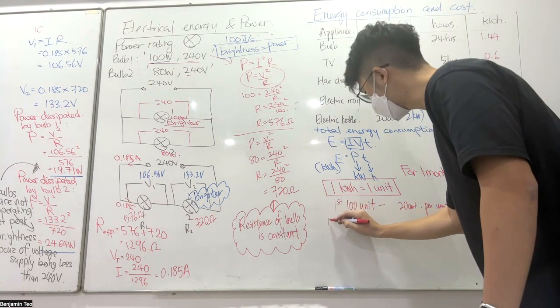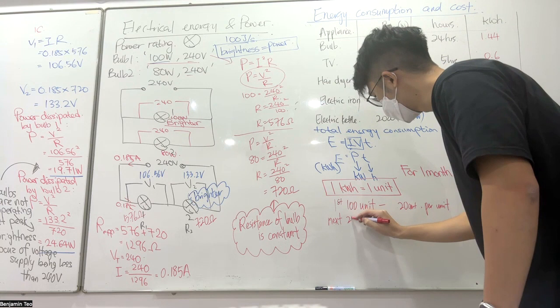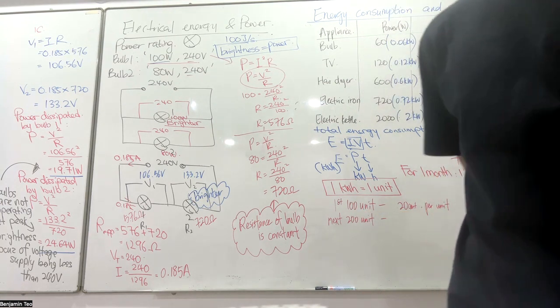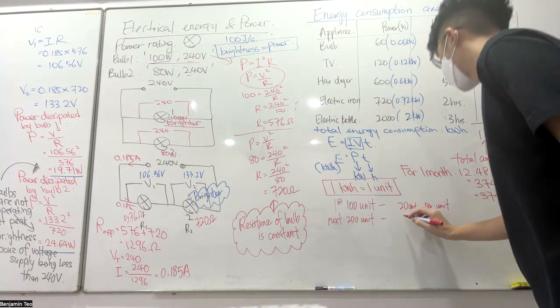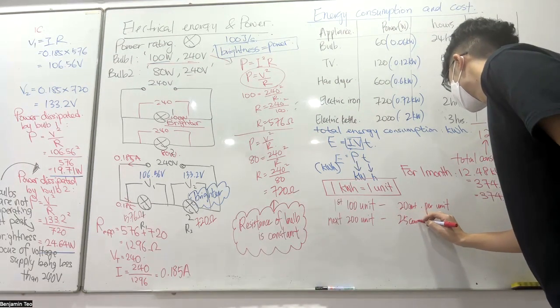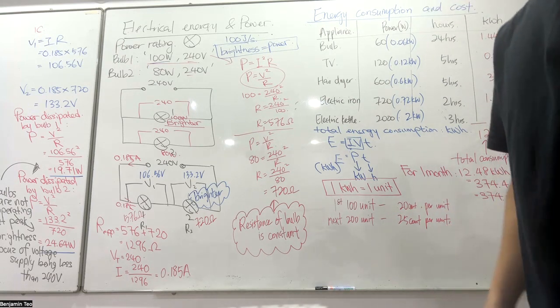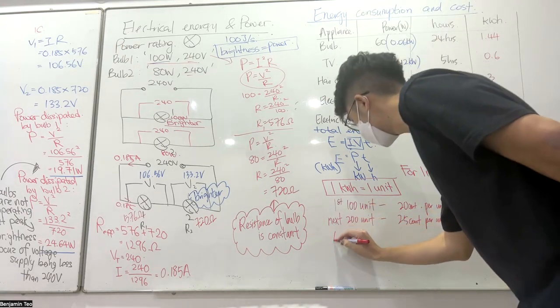Then they do the next 200 units. They charge higher for the next 200, maybe 25 cents. Then additional units.